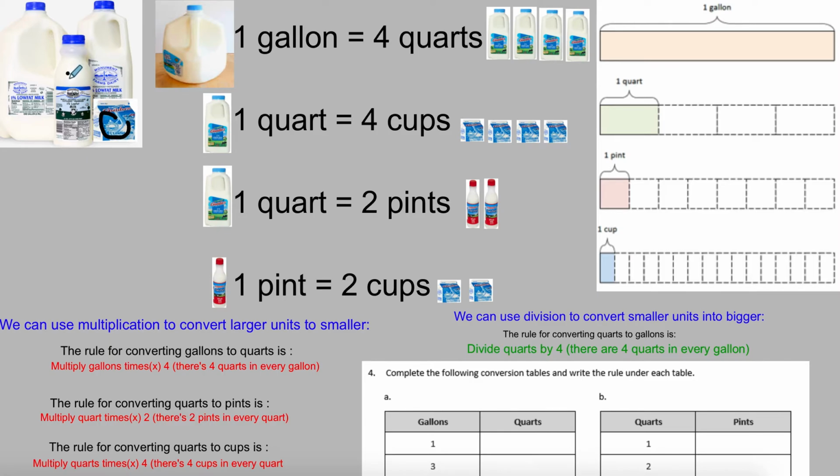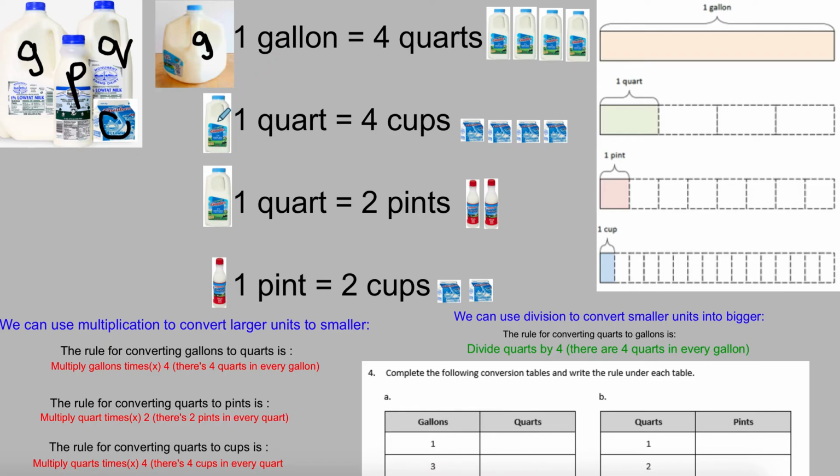And this one is a pint. All right? And this one is a quart. And this one is a gallon. As you can see, the gallon is the biggest. Well, the gallon, here's our gallon right here. Our gallon is equal to 4 quarts. 4 of them is 1 gallon.